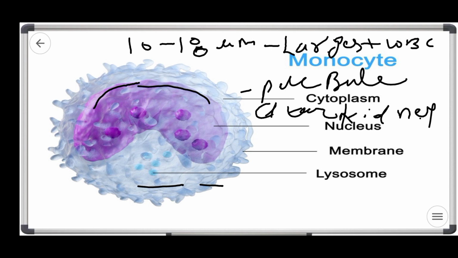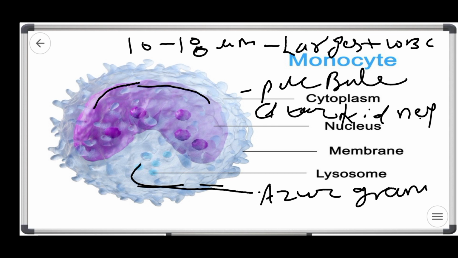Sometimes it contains fine purple dust-like granules, like this, called azure granules.